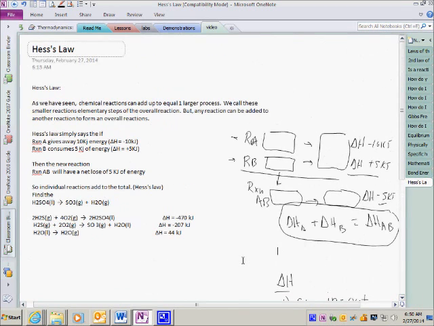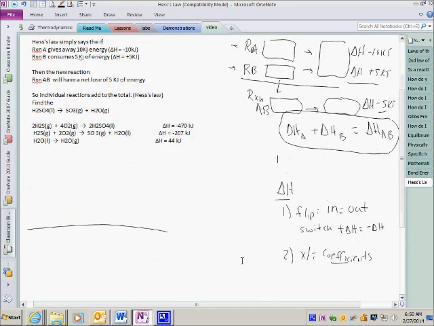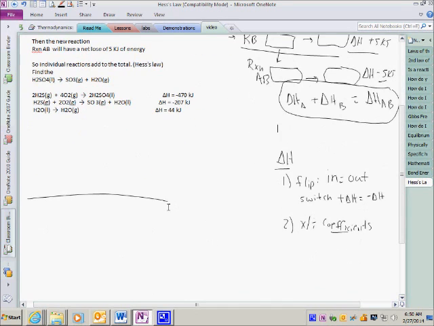Now, in this case, I have an example, and I will walk through this example and give a few different tidbits of information about it very quickly. The goal here, very often, is they give you an overall reaction, and they want you to determine the delta H for this particular reaction.